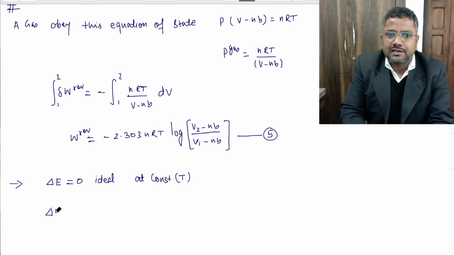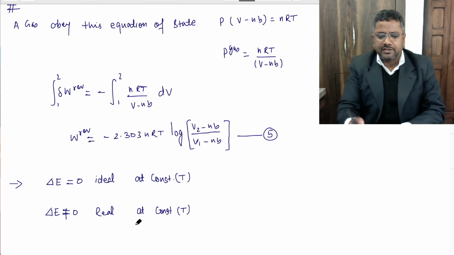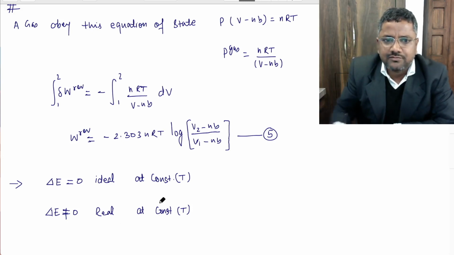But delta E is not equal to zero for a real gas, right? At constant temperature. Then how to evaluate the value of this?